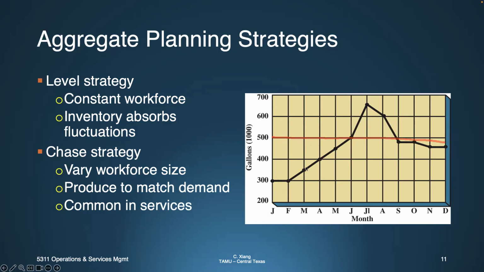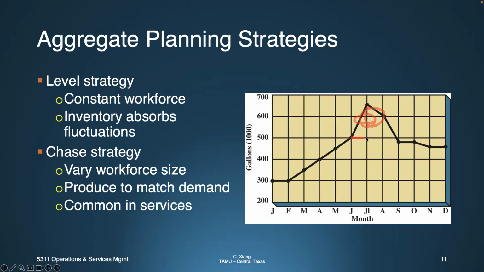Therefore, at the end of the year, if backlog is allowed, definitely you will match the supply with the demand. But what is the cost? During the low demand periods, which is this part and also this part, you produce more than needed, so you create a lot of inventory. You need to hold that inventory. And then the inventory will be depleted during the peak season.